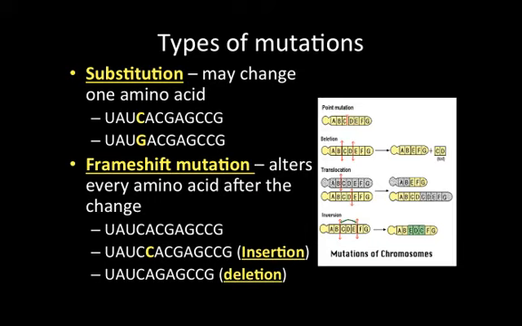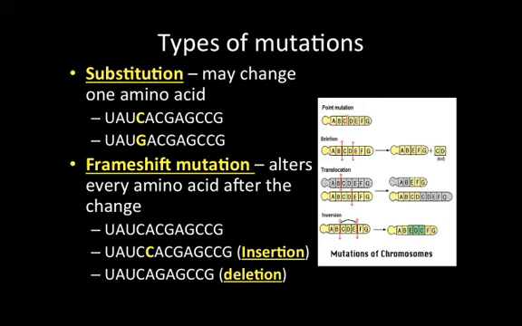But if we insert a C, all of the codons, the 3 nucleotide sequences after the insertion or deletion are altered. So instead of UAU, CAC, GAG, CCG, it's UAU and now it's CCA, CGA, GCC with an extra G at the end. So that impacts every single codon after the insertion.